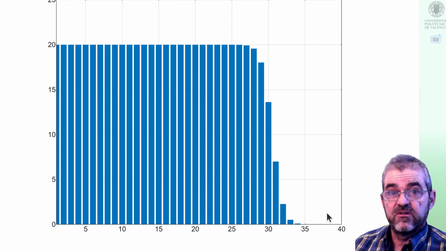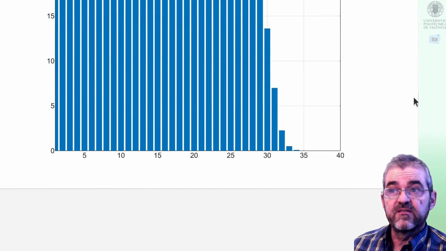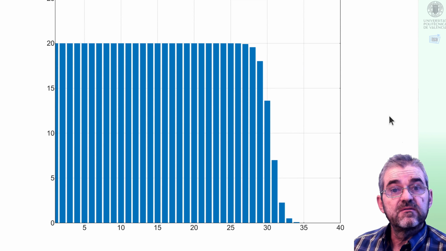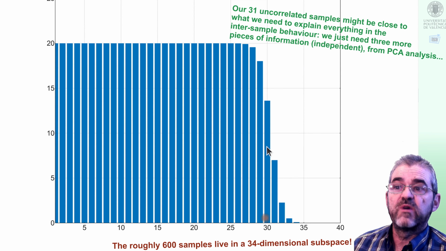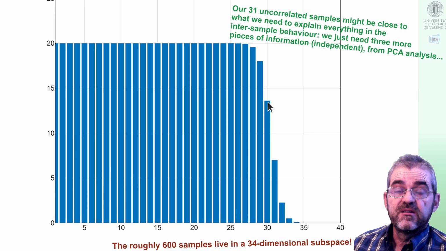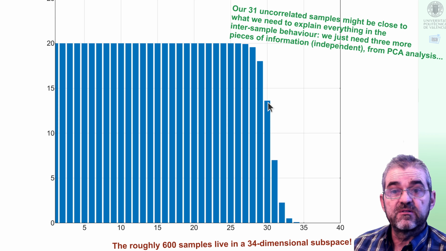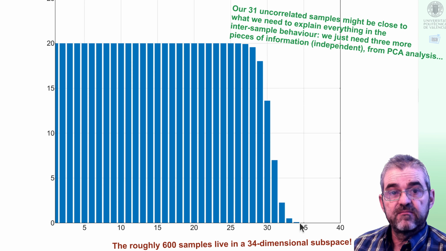Of course, this is a hint of Shannon sampling theorem, in the sense that in this test range of 30 seconds, we can place 31 equally spaced samples, one every second. So if Shannon theorem were valid for finite sample sets, then with 31 samples we would get the reconstruction, but as Shannon theorem is only valid for infinite sample size, apart from the 31 samples we need 3 more to actually reconstruct everything.